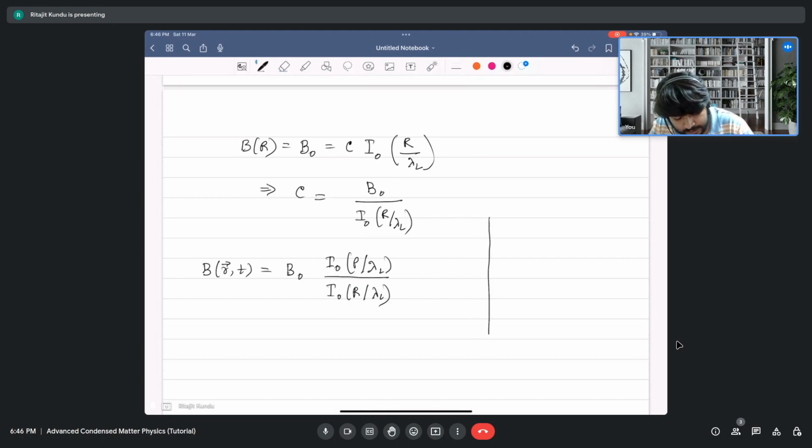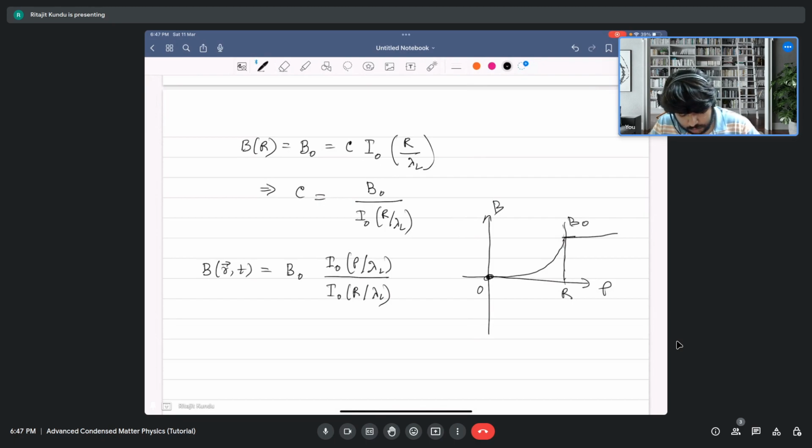Let's say this is my rho direction, and I am plotting this magnetic field. It is 0 exactly at the center, then it grows and grows, and at the radius of this cylinder it becomes B naught, and then it continues to be that. This is how the solution looks.